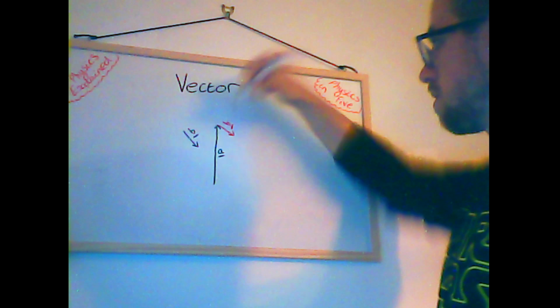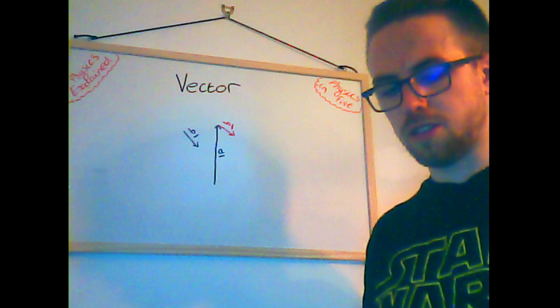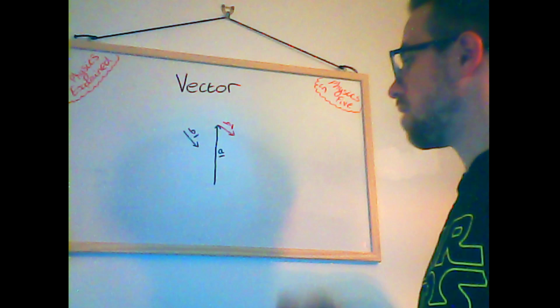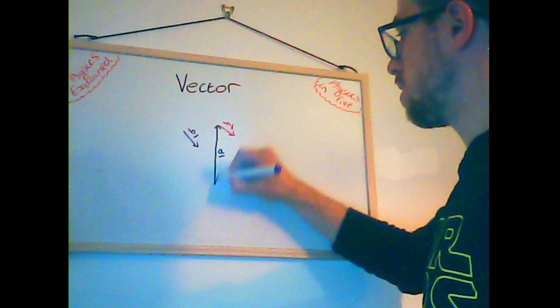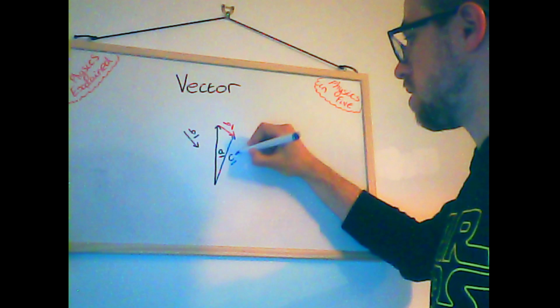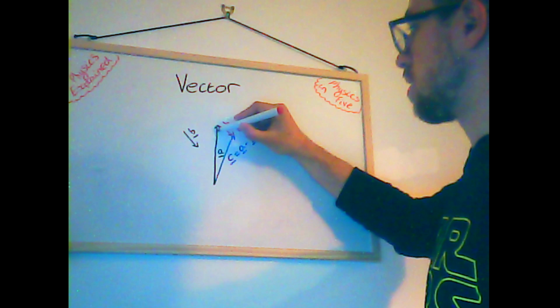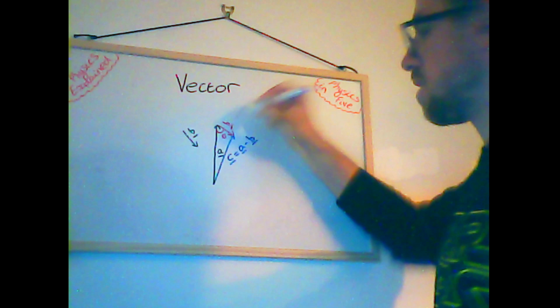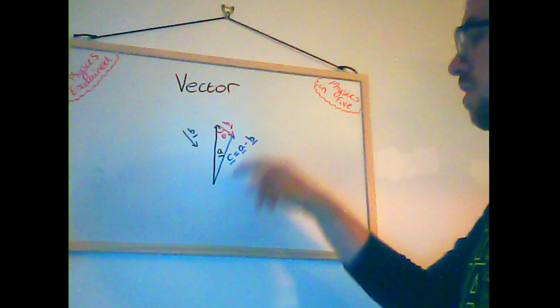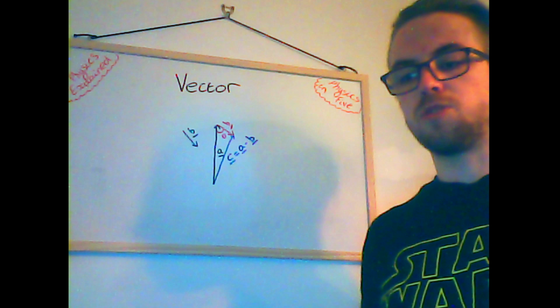It's the same vector, it has the same magnitude and the same direction, besides my drawing skills. And what we actually end up with is the plane travels this distance here, C. And this distance is equal to A minus B, because this angle here is less than 90 degrees to A. This vector C is the displacement that the plane actually experiences with respect to the land that it's flying over.